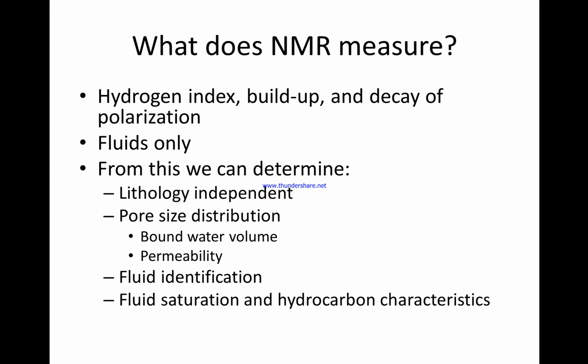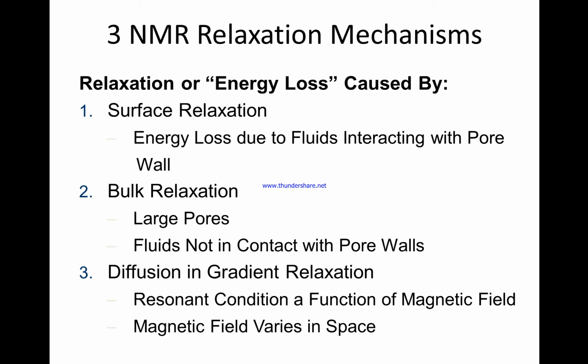The hydrogen index, the buildup and decay of the polarization. It can be done in the fluid only. From this we can determine lithology-independent porosity, pore size distributions, bound fluids, permeability, fluid identification, saturations of hydrocarbon, and viscosity as well. So we end up with the T2 distribution, or total relaxation time.